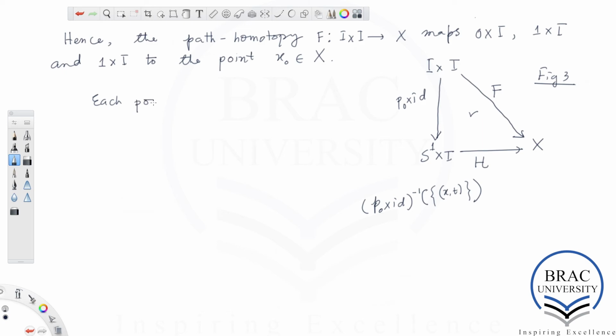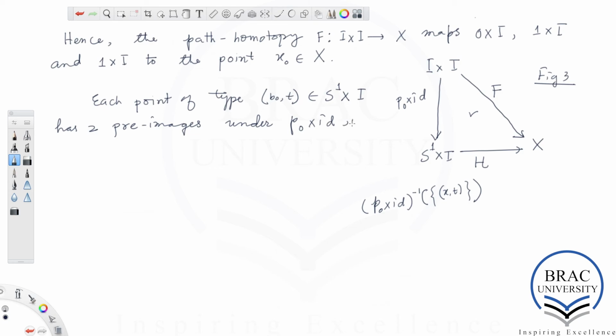So each point of type B0, t in this topological space S1 cross I has two pre-images under P0 cross ID, that is 0 comma t and 1 comma t.